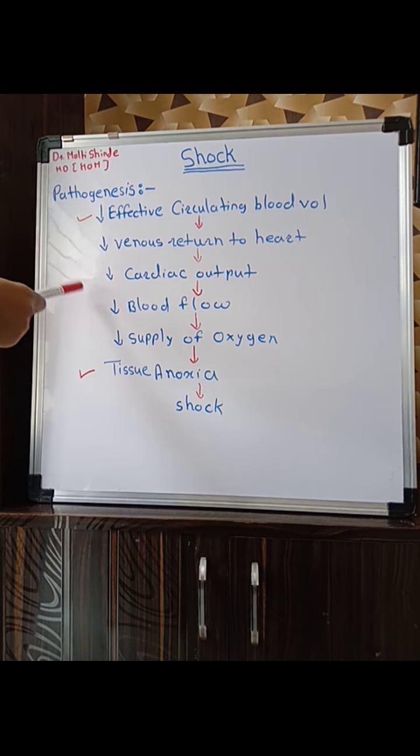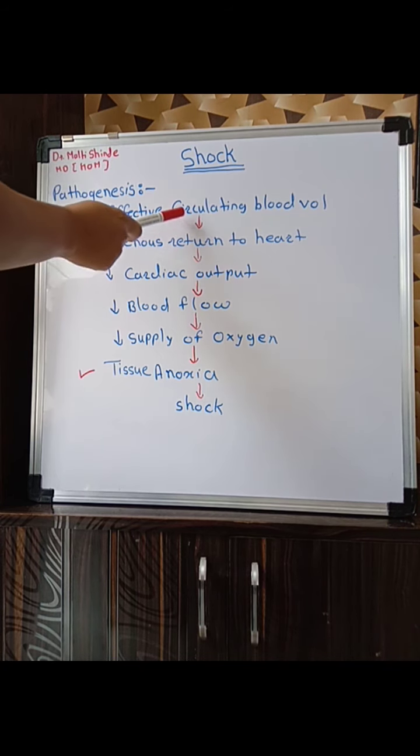It may be caused due to hypovolemia, it may be caused due to septicemia, or it may be caused due to cardiogenic factors, that lead to the first one, a decrease in the effective circulating blood volume.